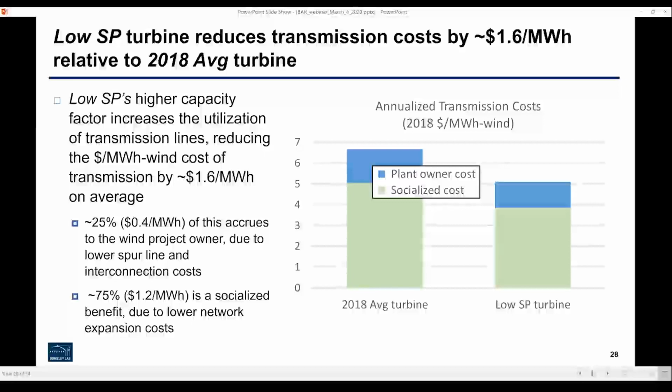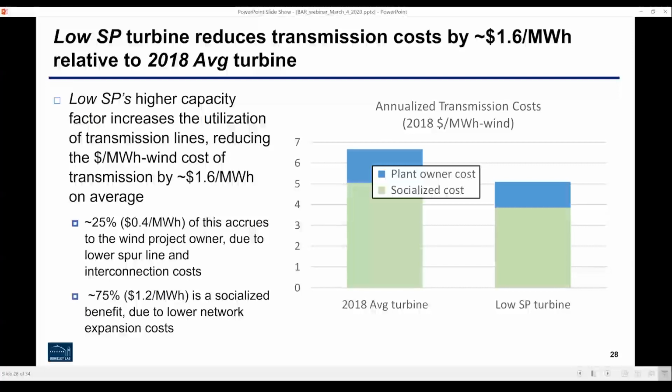So for transmission, the simple fact that the low SP turbine has a greater capacity factor means that one can spread out the relatively fixed transmission costs associated with building spur lines or implementing required grid upgrades. You can spread those fixed costs across more megawatt hours, leading to a lower dollar per megawatt hour transmission expenditure.